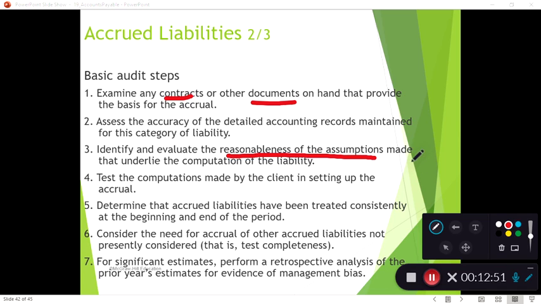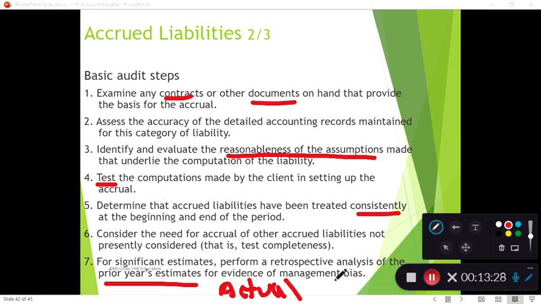But you have to evaluate how reasonable that is, doing some computational testing, and make sure that it's being done consistently at the beginning and the end of the period, right? And sometimes you might look at prior estimates and compare them against actual, right? So if they made an estimate last year at the end of the year for that accrued liability, let's compare it to what it actually turned out to be after that year end occurred, which would have been the current year that we're looking at, right?